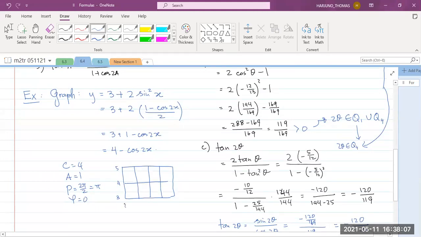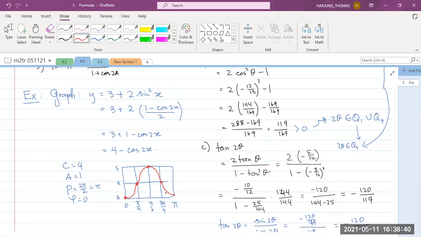This is 0, the period is pi, so 0 plus pi is pi, this is pi over 2, pi over 4, this is 3 pi over 4. That's negative cosine, so the graph will look like from the bottom, negative cosine, going up, going up, going down, going down. Make sure you curve it. That's what it looks like.